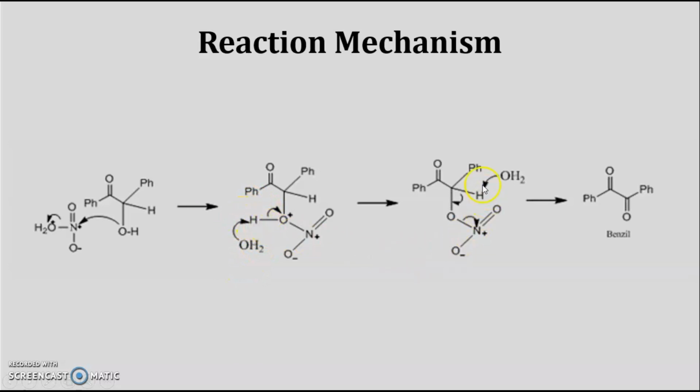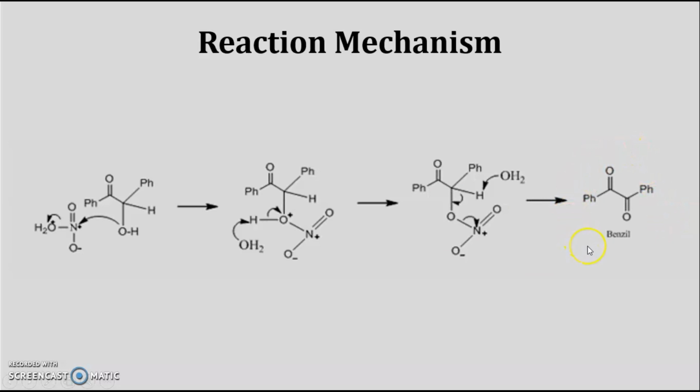Again in the third step, this hydrogen atom again combines with the OH, and it will be converted into OH2 and lost, due to which this particular structure is formed. In the last step, the breaking of the bond between nitrogen and oxygen is carried out, and the oxides of nitrogen, nitrites, are formed and it will be converted into benzil.